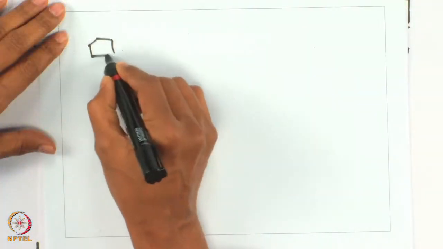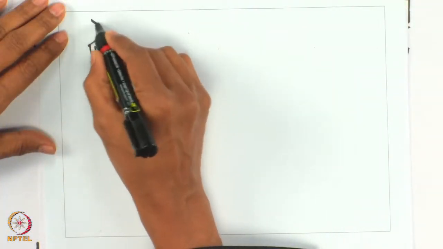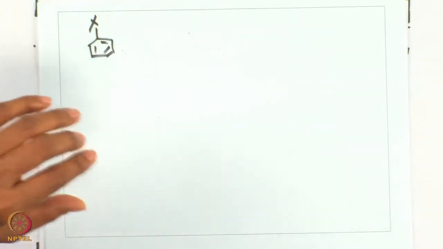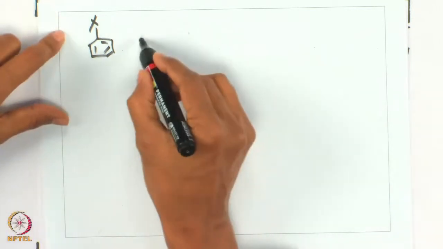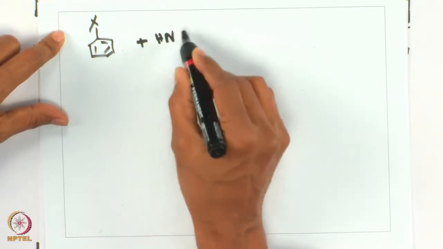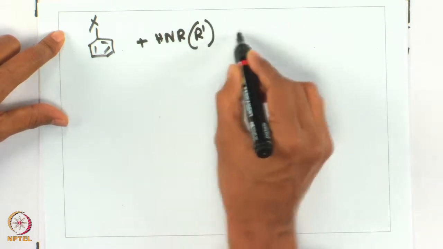Or before getting into that, let us look at the various ligands that will be involved during the palladium catalyzed carbon nitrogen bond formation reactions. The reaction we are interested in is this: Ar-X, where these X are very useful aryl halides, and we are looking at H-N(R)R'.